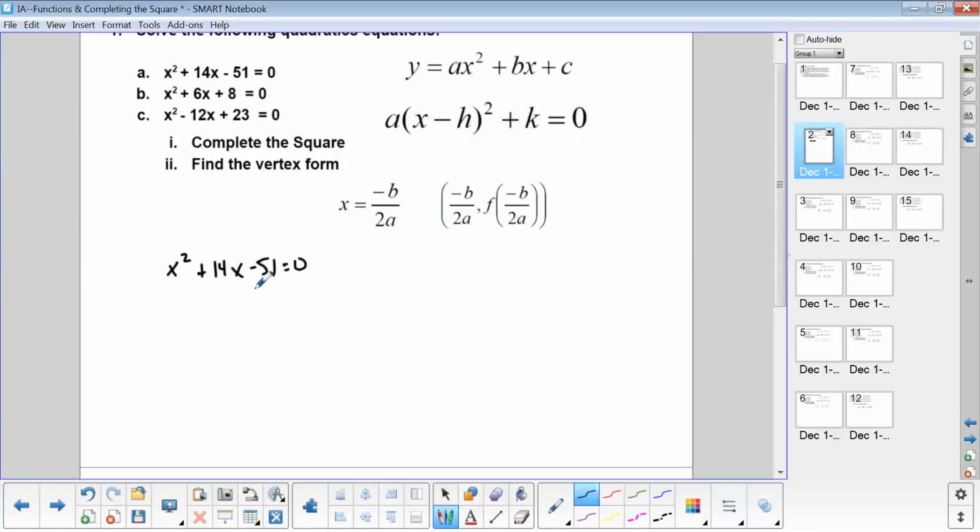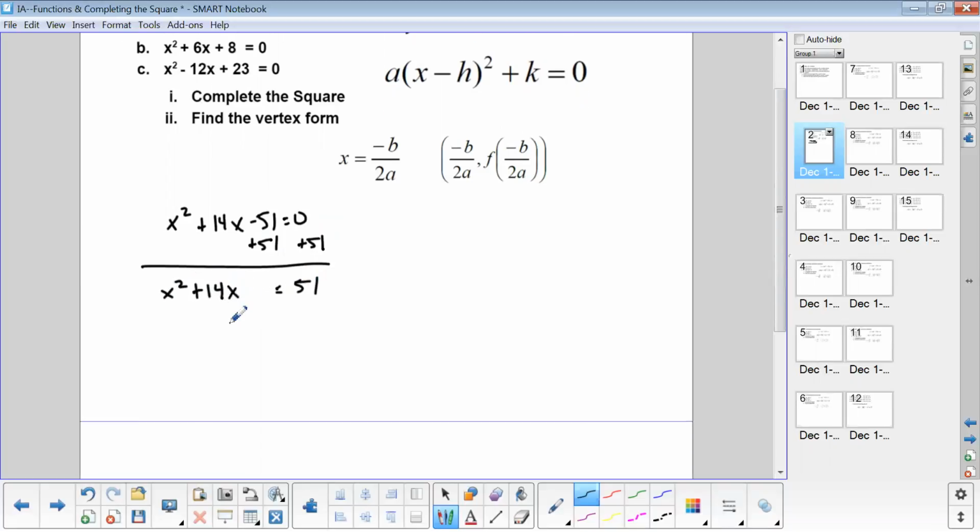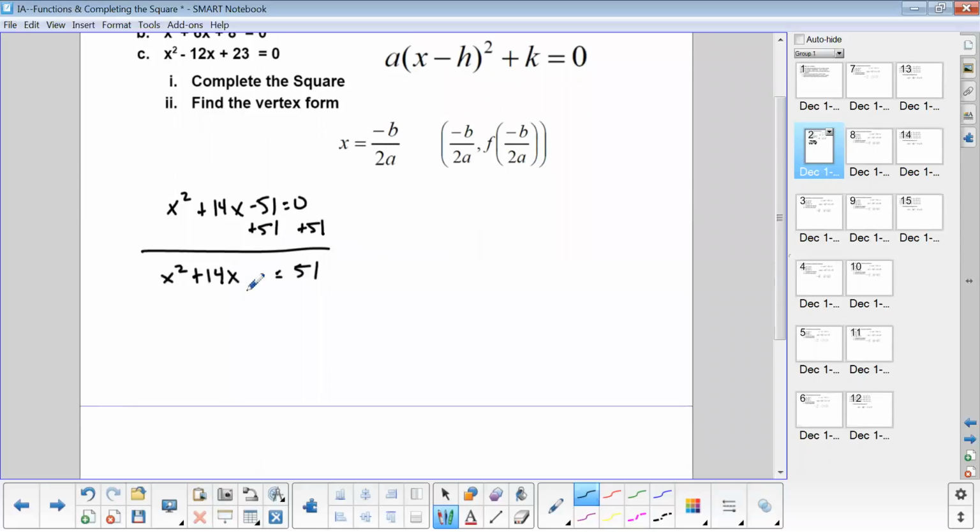And our first step is to add the 51 to the other side. And so I get 51 is equal to x squared plus 14x. And our next move is to take the b value, which is 14, divided by 2, which gives you 7. And then we're going to square 7 to get 49.